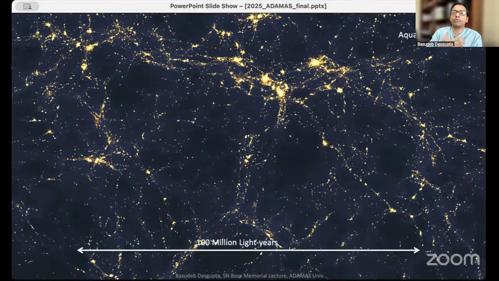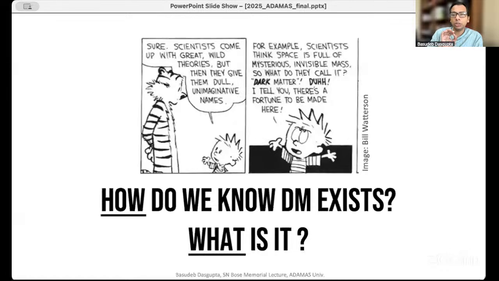So the rest of today's talk will be trying to justify to you the following 2 points. Firstly, how do we know that there is such a thing called dark matter? I just told you that every galaxy and clusters of galaxy and this network of structure that we see in our universe is surrounded by an invisible form of matter which clusters and makes these structures, which we call dark matter.